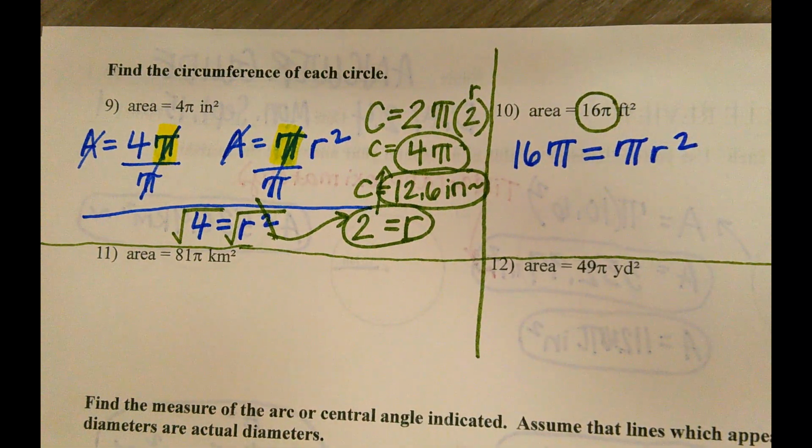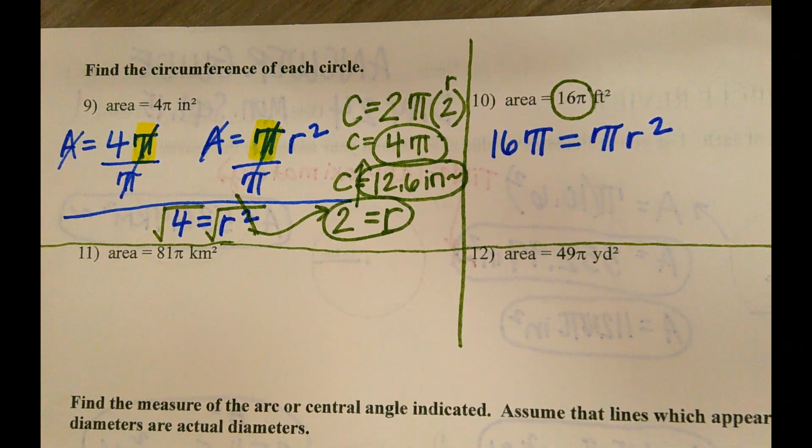I know that 16 times pi is the same thing as pi r squared. So now that I have an equation set up, what can I do next?